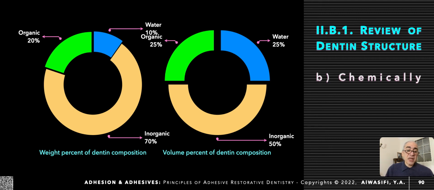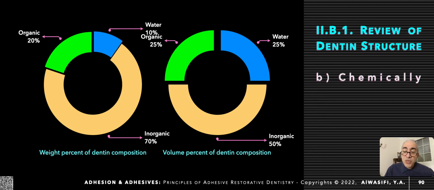The remaining part is water, which is 4% by weight and 10% by volume. When you acid etch enamel and remove part of the inorganic structure, you still have the majority of the structure. The highest percentage is inorganic. So enamel is far more homogeneous than dentin.